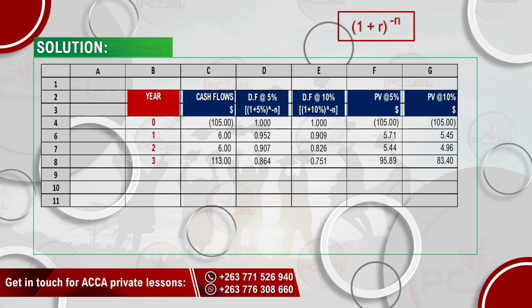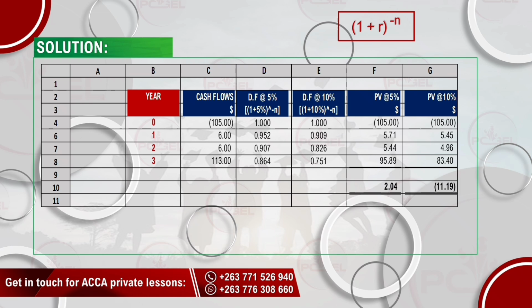If we do so, we get the net present value of 2.04 at 5%, and this becomes what we use for net present value at the lower cost of capital. At 10%, we get the net present value of minus 11.19, and this becomes what we use for net present value at the higher cost of capital.